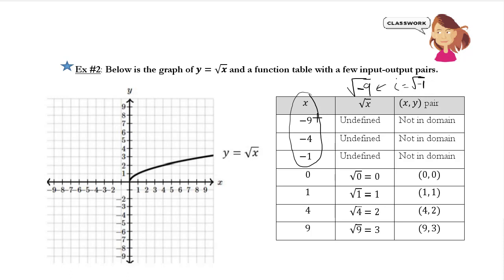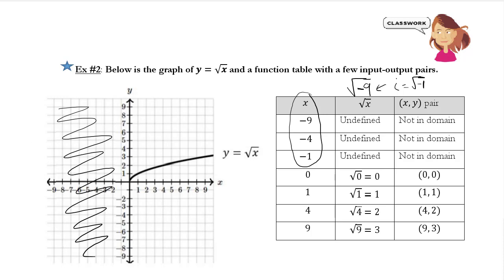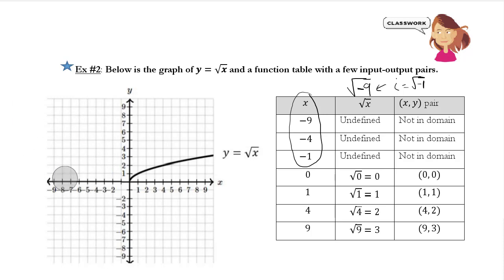So that means this function is not defined for any negative values, and that's why in the graph, everywhere here, x is negative, but the function is not anywhere in quadrants 2 or 3. So that's just one thing to note.